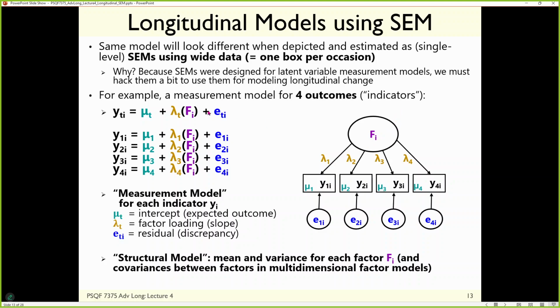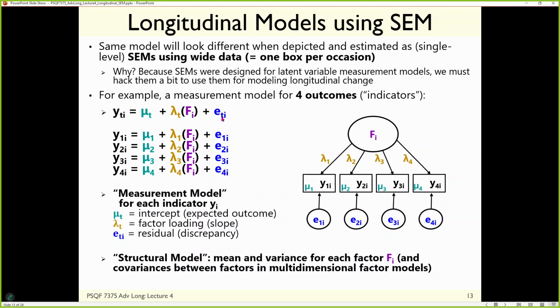F. This thing mu here, that's an intercept. So this would normally be like a beta 0 in a regression equation, and this would be a beta 1. We changed the terminology. The intercept means the same thing, though. It's the expected response to this variable when f is 0. So the definition of it has not changed. E has not changed either.